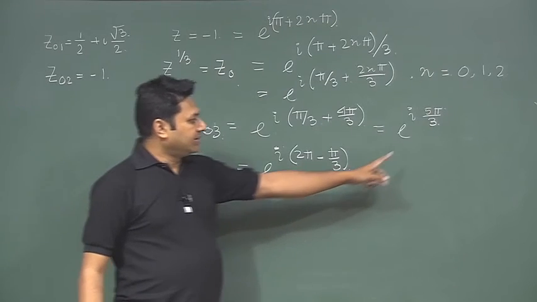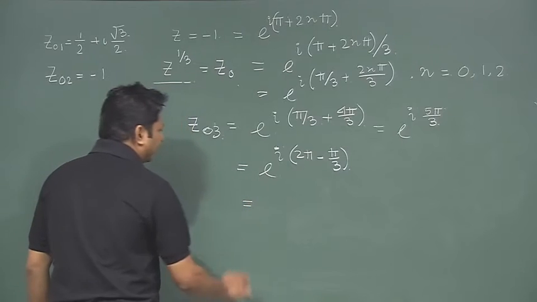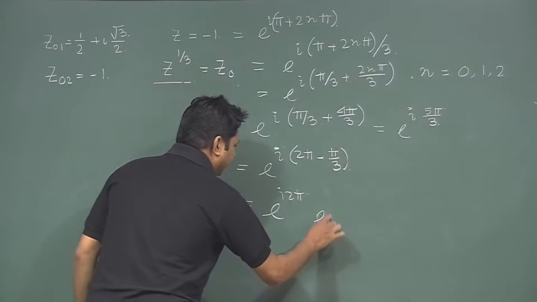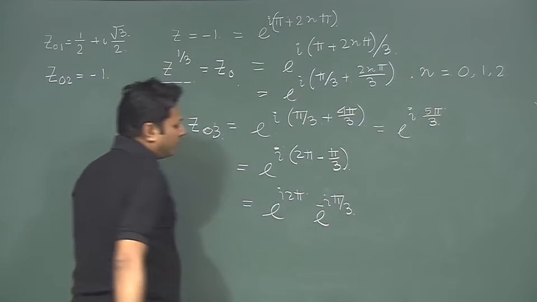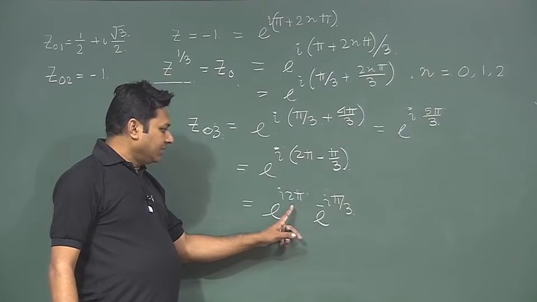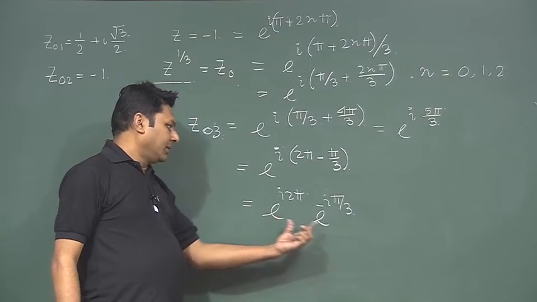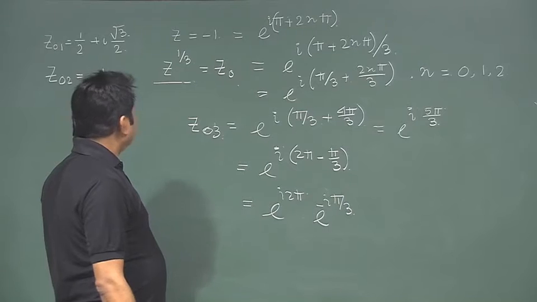These things and these things are the same. I just rearrange the terms slightly so that I have e to the power i 2 pi multiplied by e to the power i with a negative sign pi by 3. If I do that, you can see that this quantity to the power i pi gives you 1, and this quantity to the power minus i pi by 3 is the old value.